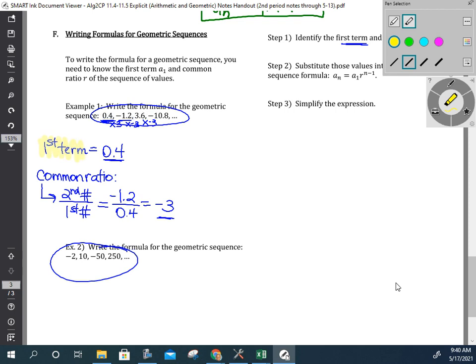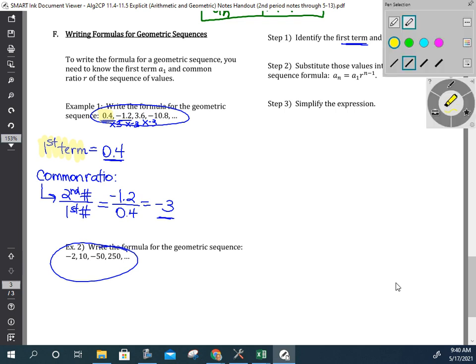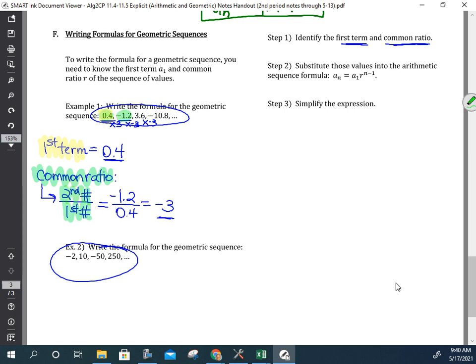So the first term is simply that, the first term. Then you get the common ratio. You take the second number divided by the first number. Second number divided by the first number.